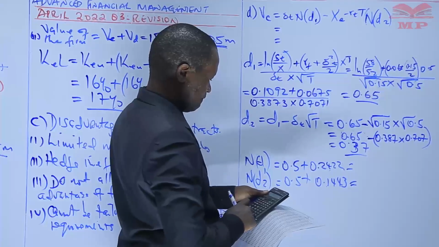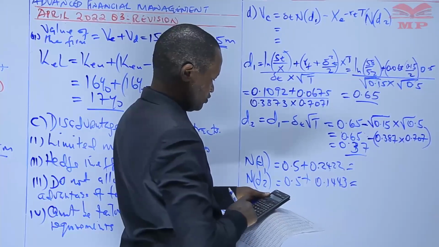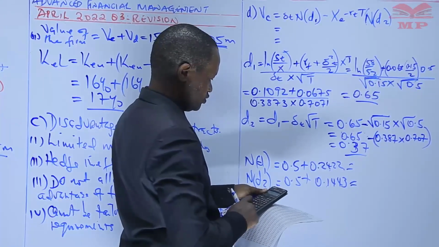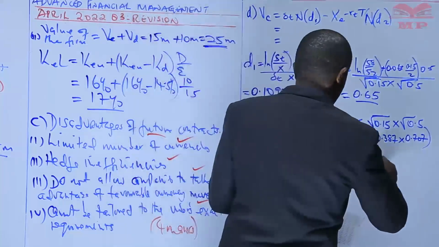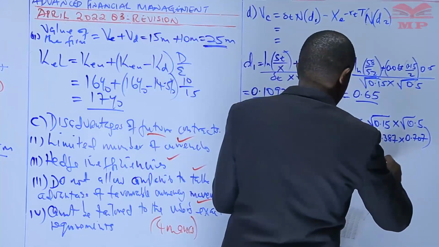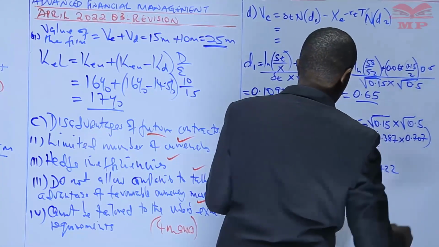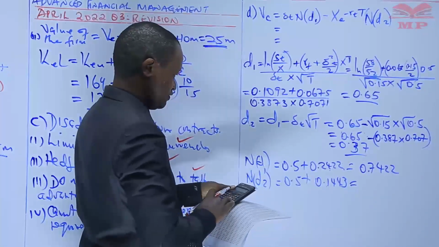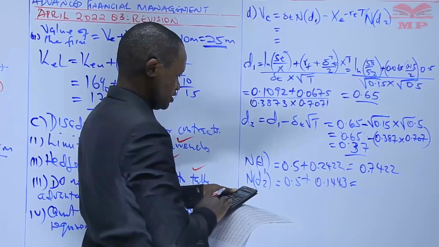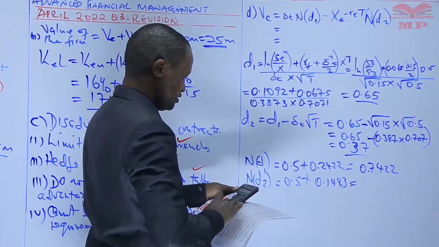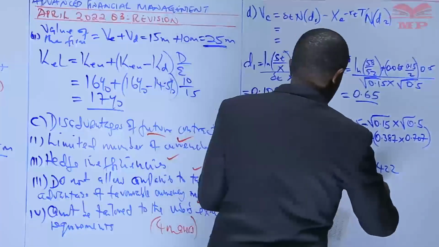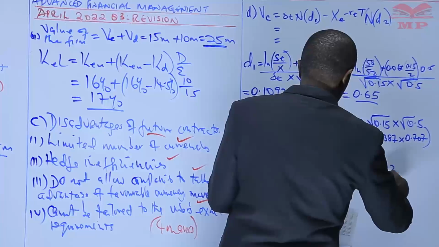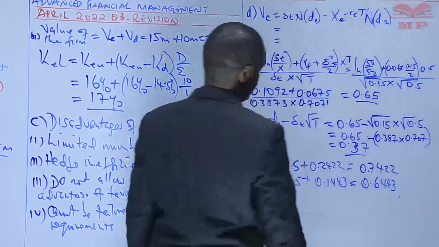So our values will be 0.5 plus 0.2422, which is 0.7422. Then N(D2) is 0.5 plus 0.1443, which is 0.6443.